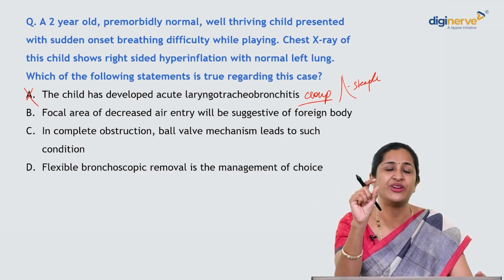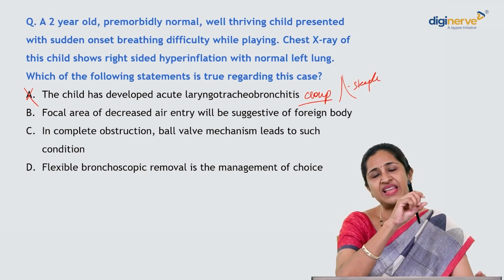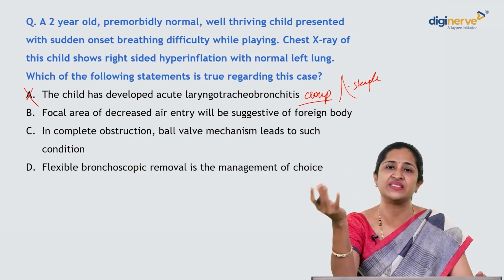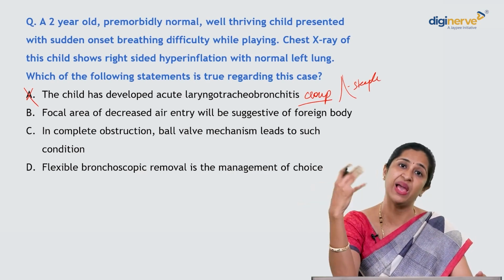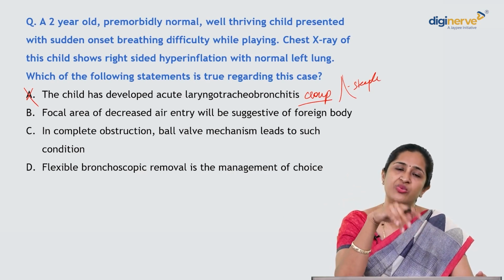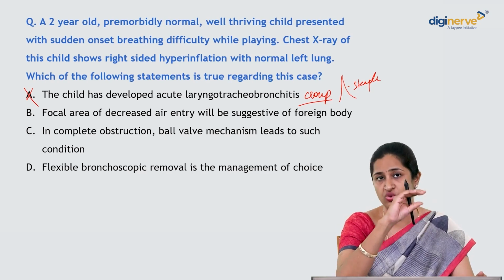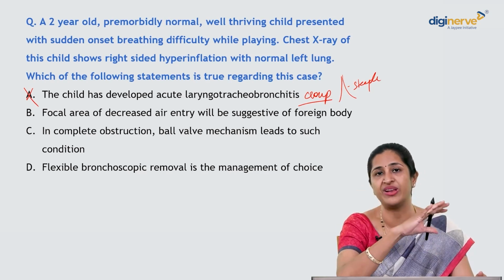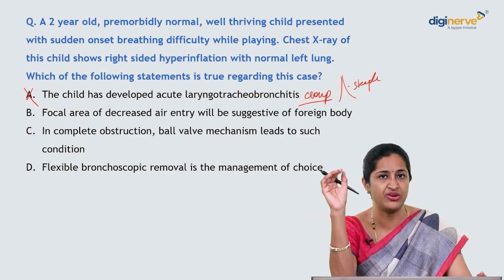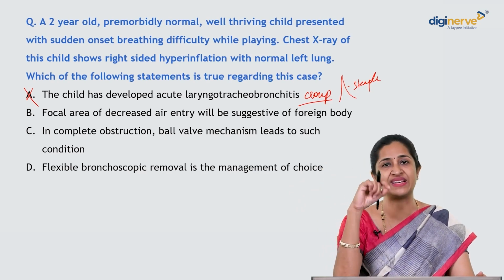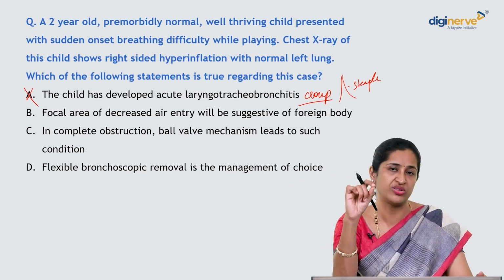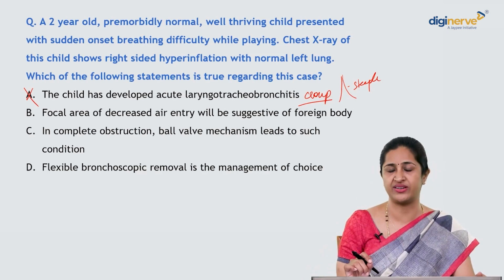If you have a complete obstruction, that side lung can be collapsed and the other side will be normal, maybe hyperinflated also. If the obstruction is partial, you can have that side on X-ray showing hyperinflation because of ball valve mechanism and the other side being normal. So don't look at the X-ray and decide which side is the obstruction all the time. Always go by auscultatory findings.